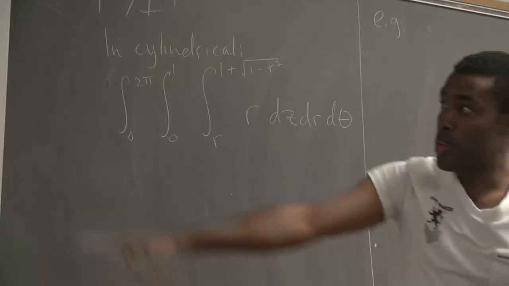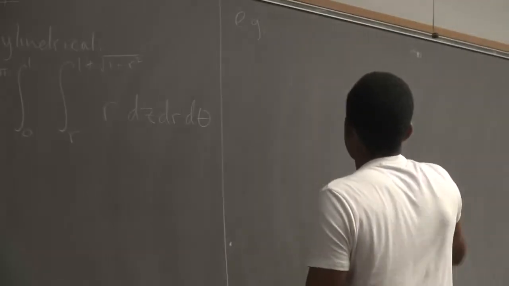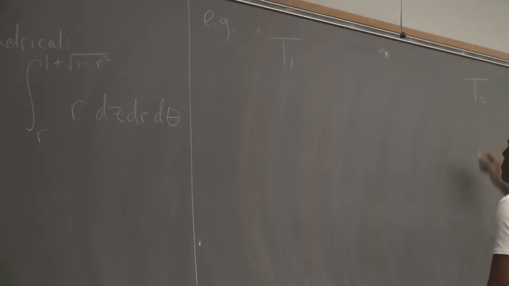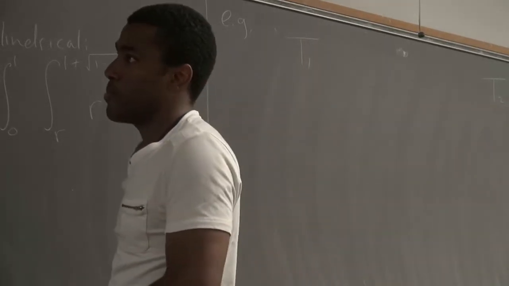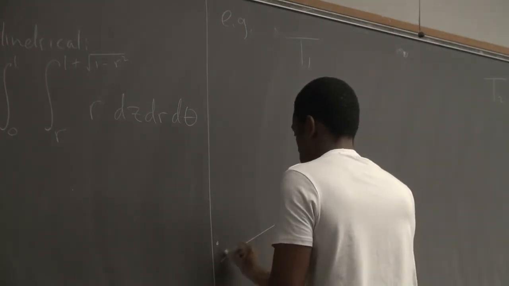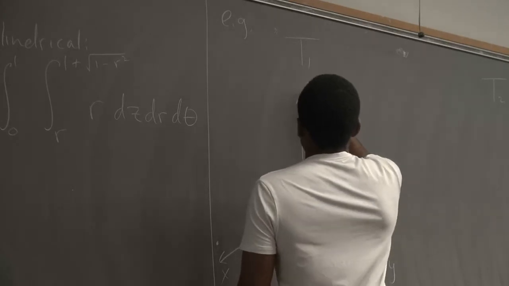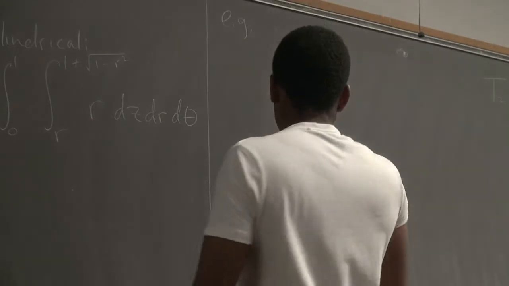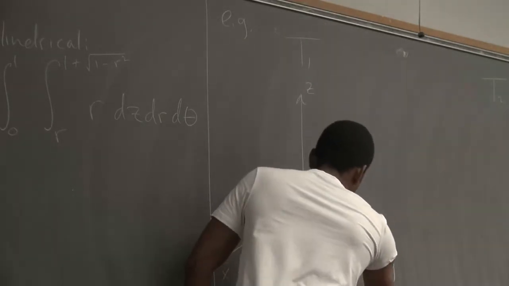Okay, what if I gave you the choice? So let's actually look at what T1 and T2 look like, right? Let's say I'm doing T1 and T2. How would T1 look? So what do we have here? A downward opening cone. So we just have the bottom part of the cone.